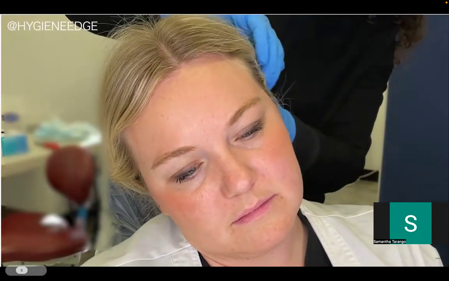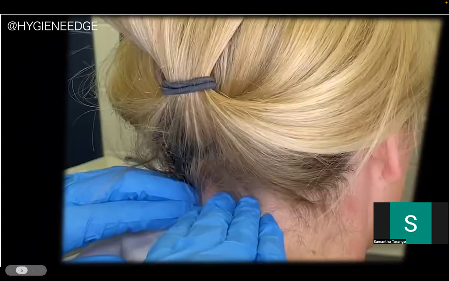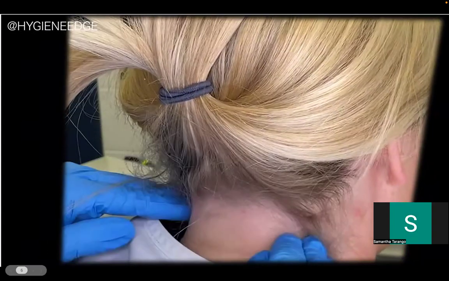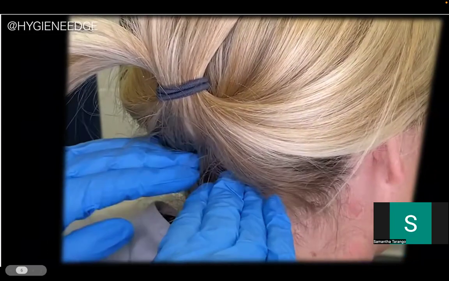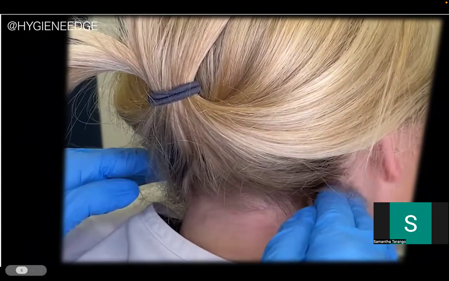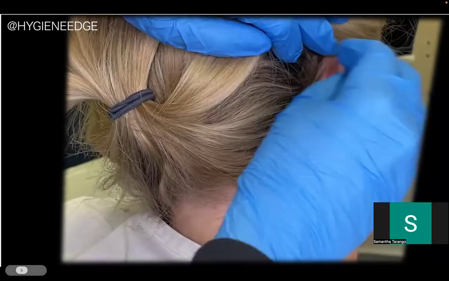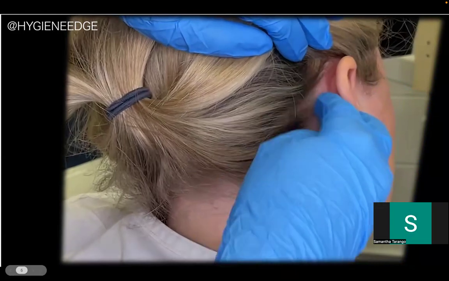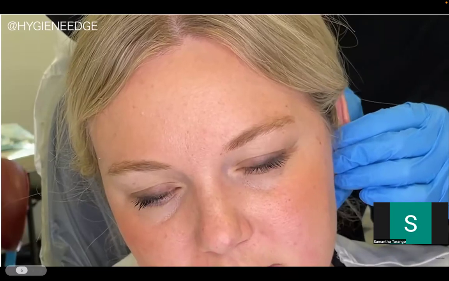Then with gentle pressure as you palpate everywhere, bilaterally check the temporalis muscle. Then have the patient move their hair, if needed, and bilaterally check the occipital nodes below and above the hairline. Then bilaterally palpate the post-auricular nodes behind the ear and the pre-auricular nodes in front of the ear.